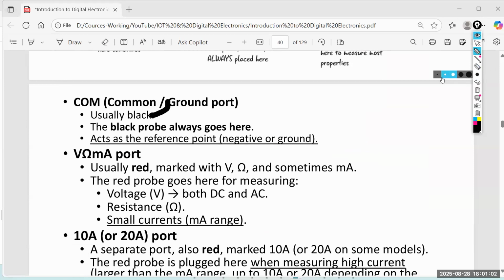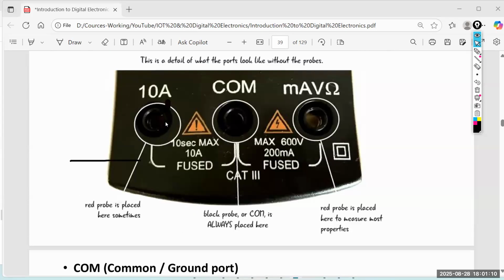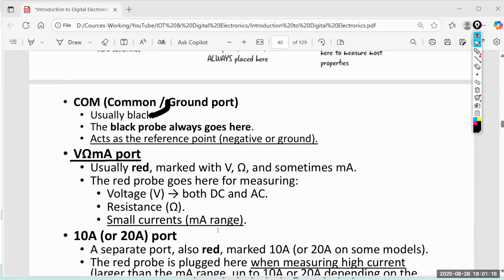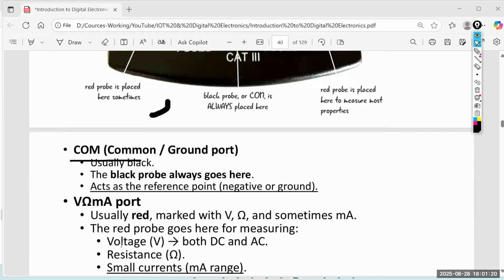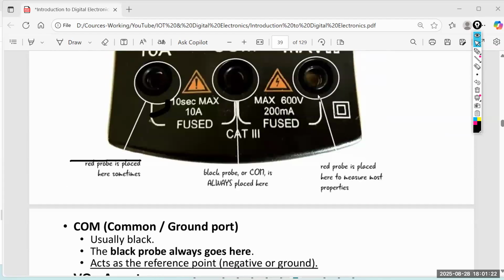If you are measuring smaller values, go for this one because it is marked microampere or microvolt. Not micro, milli. So you connect to here because you are working at the milliampere level, millivolt level.